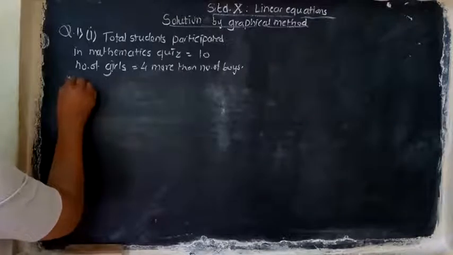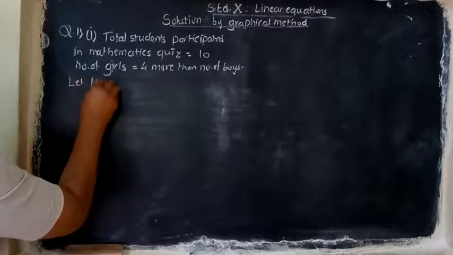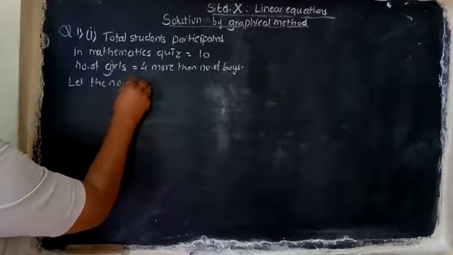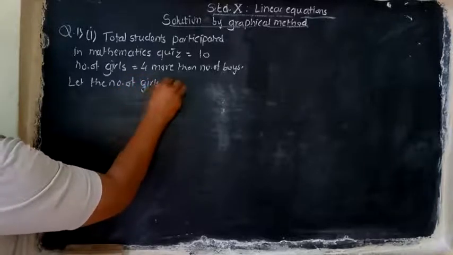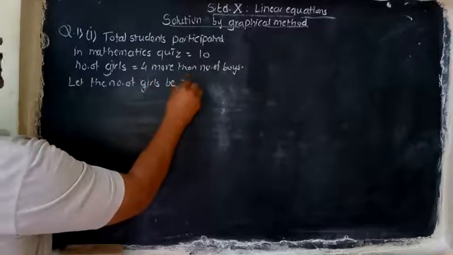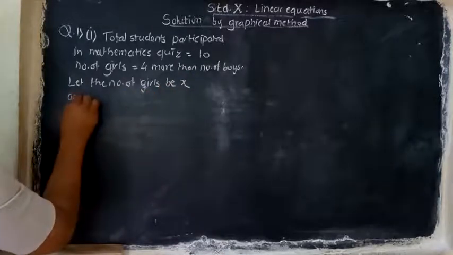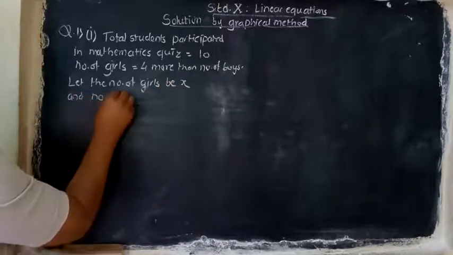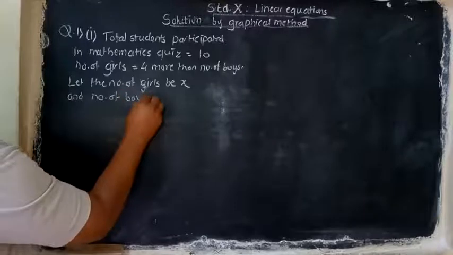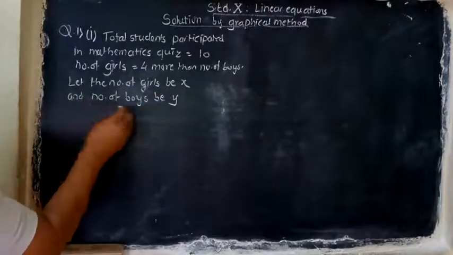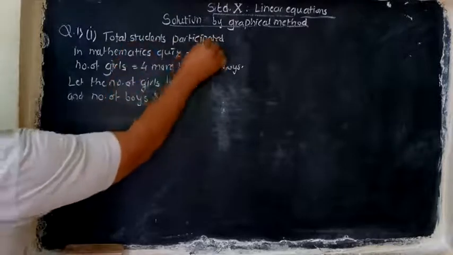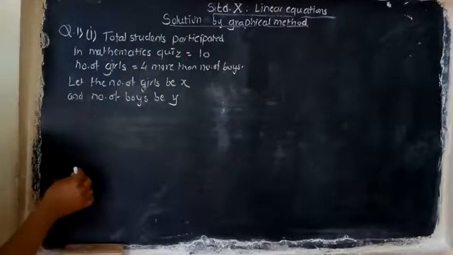For that purpose, let the number of girls be X and the number of boys be Y. Now, to solve it graphically, first form the equations. Total students are 10.